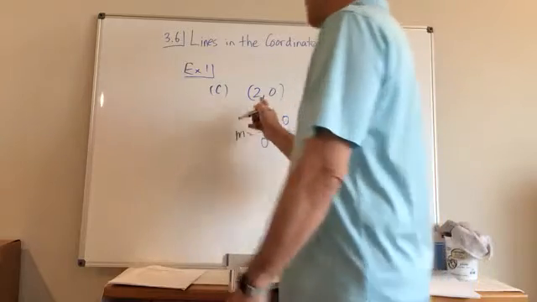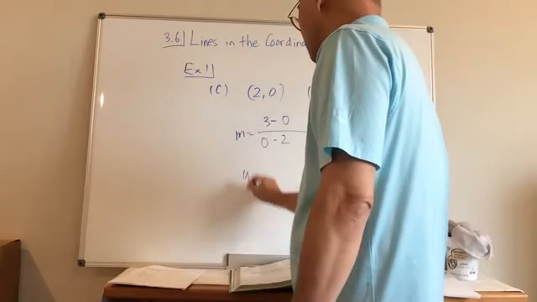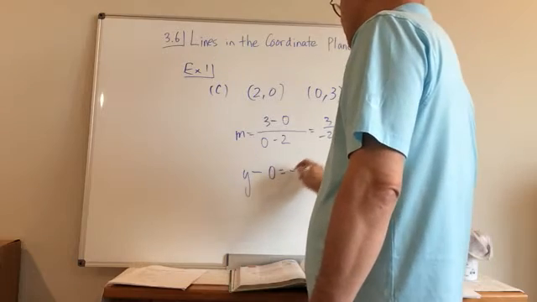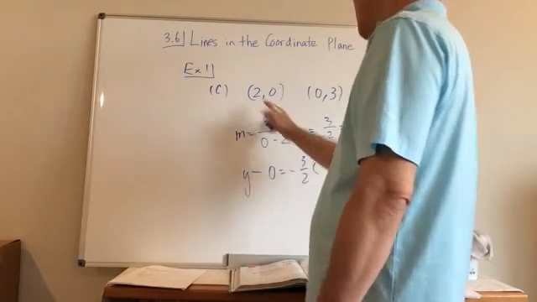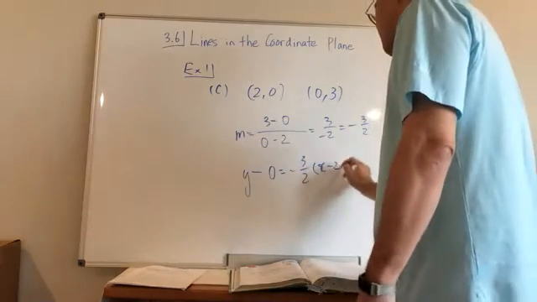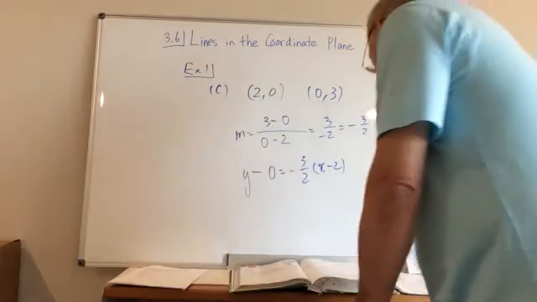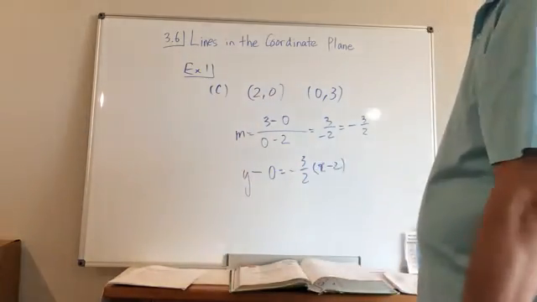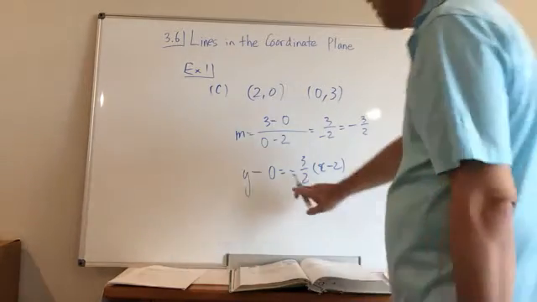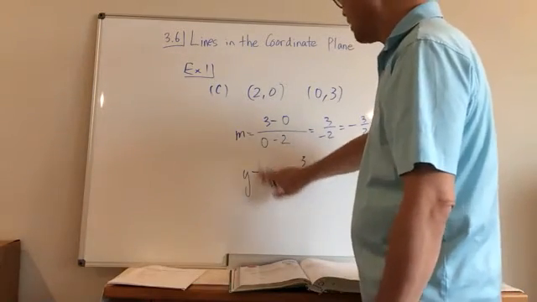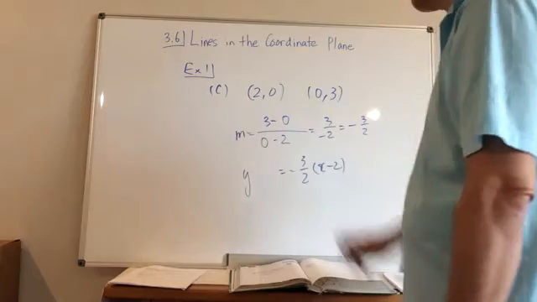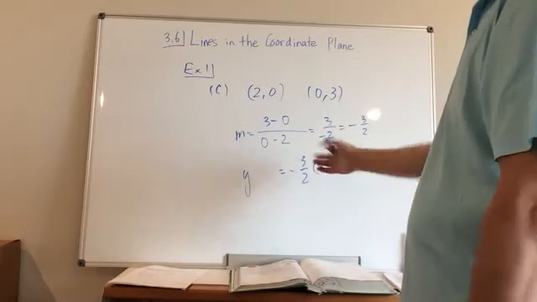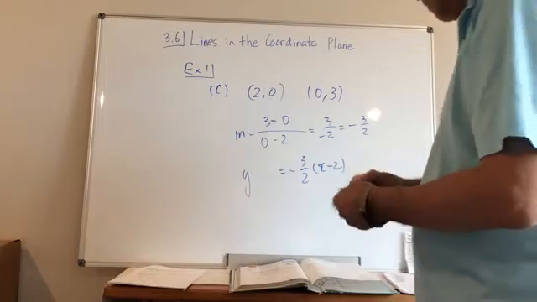I'm going to go ahead and put this point in. y minus y1 is equal to negative 3 over 2, times x minus 2. And they want it in point slope form, so we're done. Okay? I mean, you could do this, right? That'll be a little cleaner, okay? Because minus 0 is just 0, right? So that is the end.